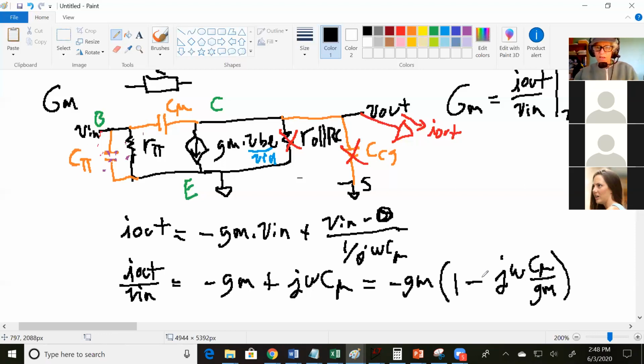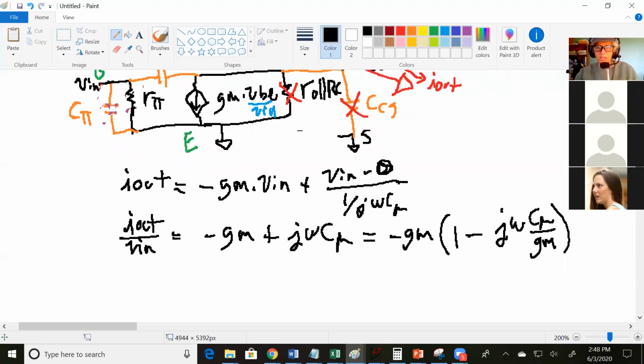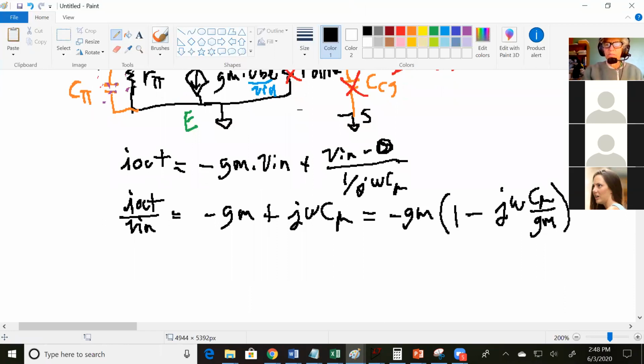And the 0 happens when these two magnitudes are the same. So omega is 0. When does the magnitude, for what frequency does the magnitude of this second term become 1? Zero.